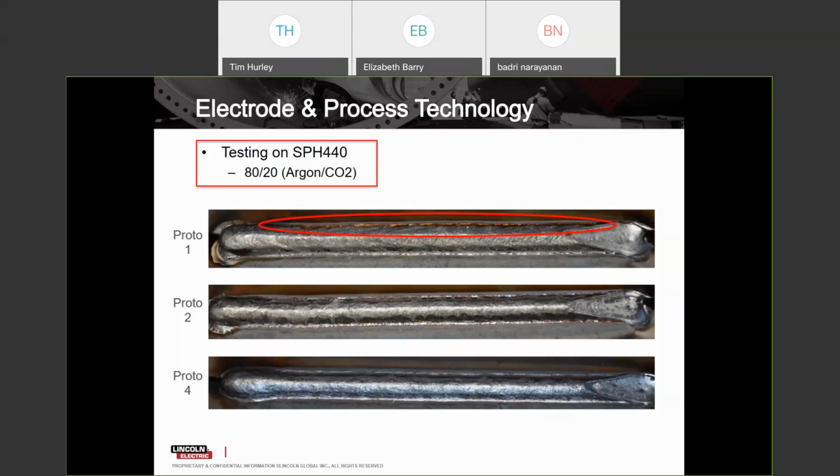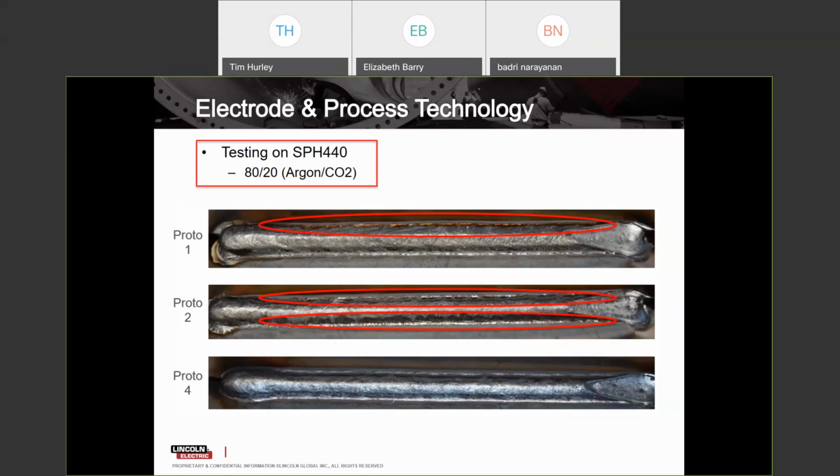And then you go to prototype 2. The silicate island formation was not as continuous as it is in prototype 1, but it was forming on both the top edge of the lap joint as well as the bottom edge of the lap joint, but in a very discontinuous fashion. So even though it didn't form this continuous chain, it did form silicate islands on both the top and the bottom leg.